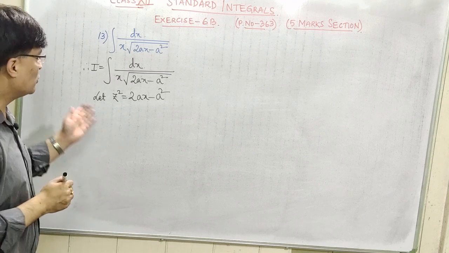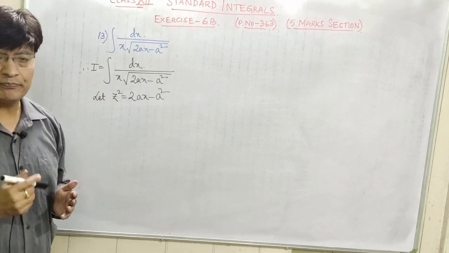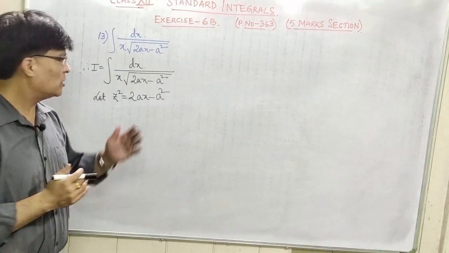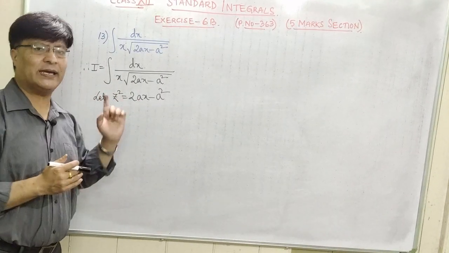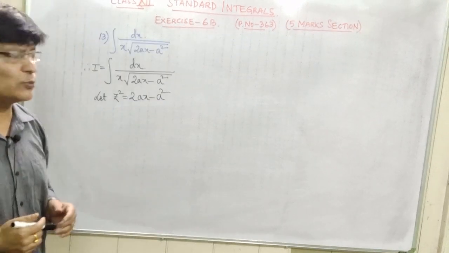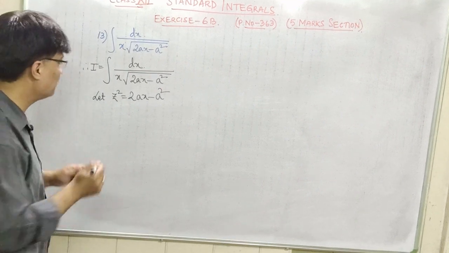Okay. So you can differentiate it now. So this is the method of substitution. So in case of integration by the method of substitution, if you assume 2ax minus a square as z square, again you have to differentiate it both the sides with respect to x, because we have to get the value for dx also. Okay.